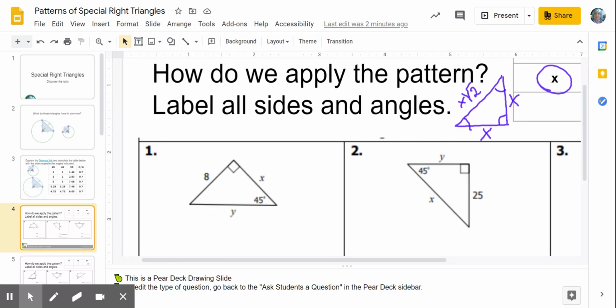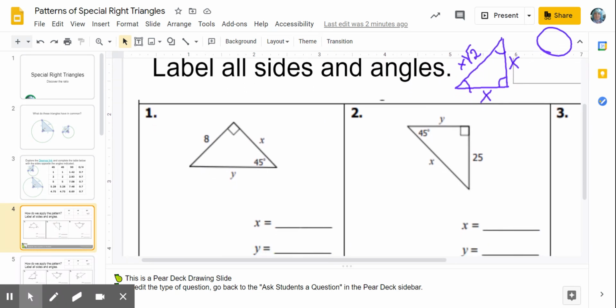Okay, so let's look at example number 1. If I know my two legs are the same, then what's x equal? 8. And if I know that the hypotenuse is that same side times the square root of 2, can I just go in my calculator and do 8 times the square root of 2?